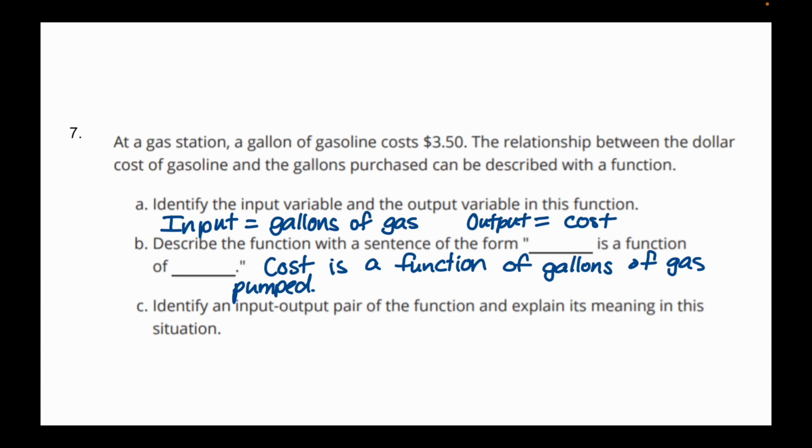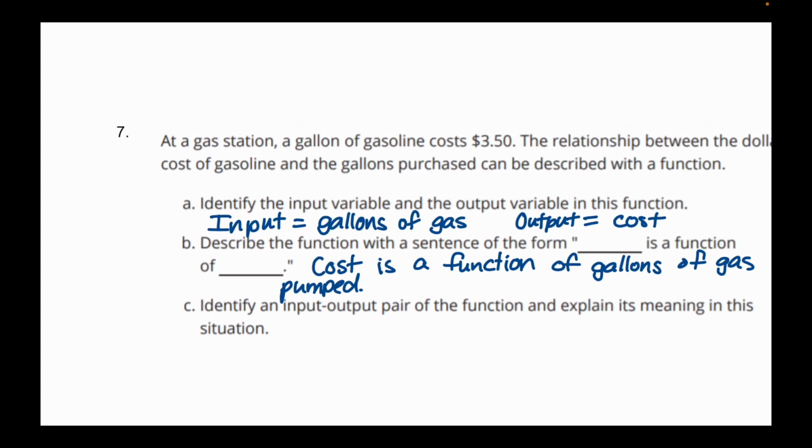So for part C, if you really wanted to go super simple, you could say 1 gallon of gas costs $3.50, but most people don't just buy 1 gallon. I generally will put about 10 gallons at a time in my car.